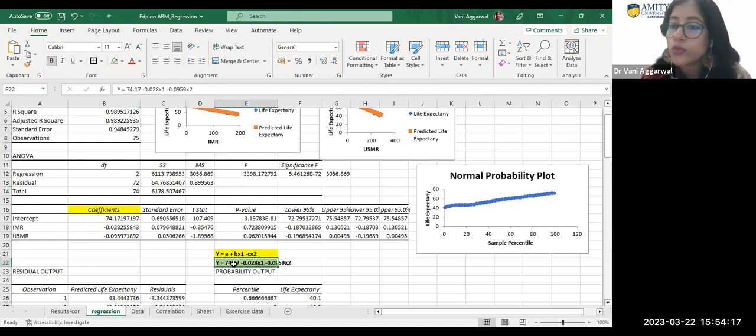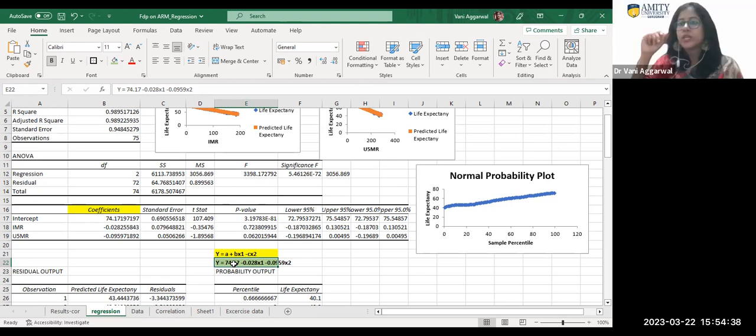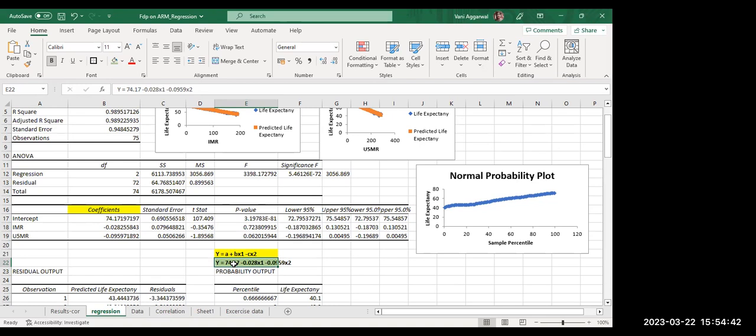B is your slope, showing how much change there is. How do you define slope? Rate of change. And BLUE is the best linear unbiased estimator.